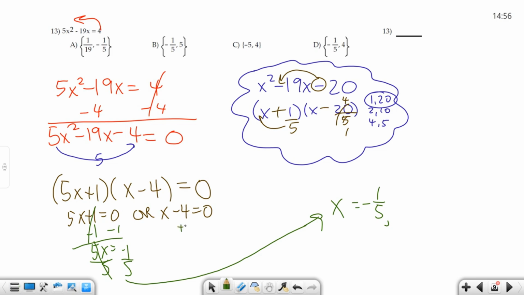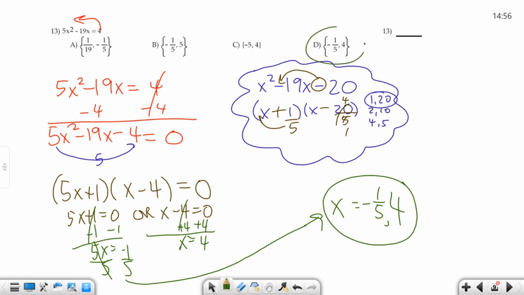We're going to add 4 here. x equals 4, so negative 1/5, comma 4. Do you see that one up here anywhere? Yes. D indeed.